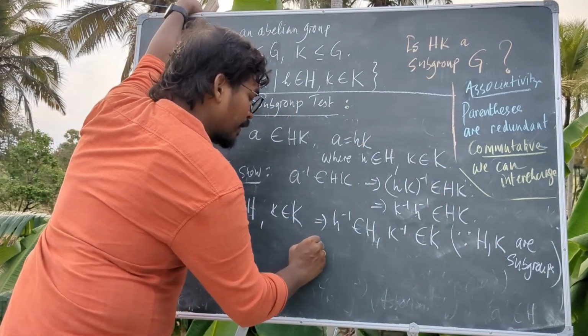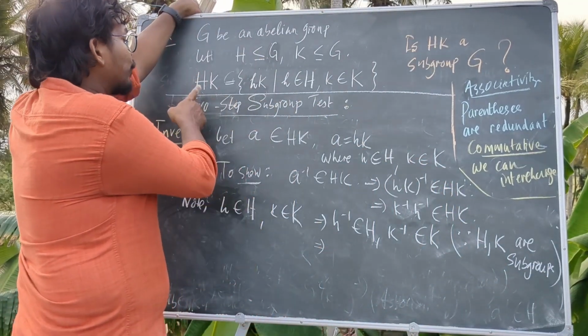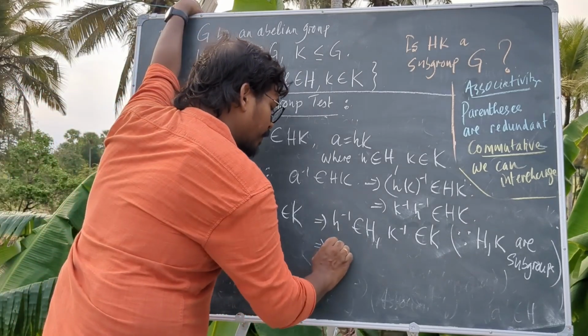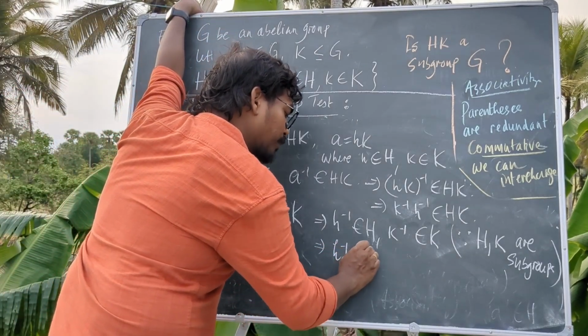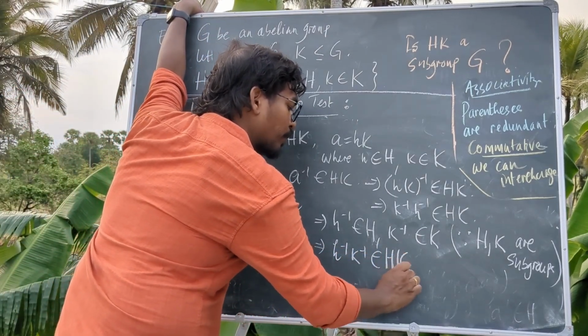And by the property of subset HK, we have h inverse k inverse belongs to the subset HK.